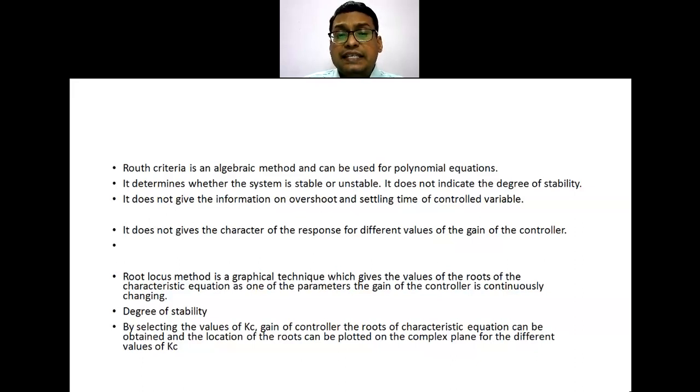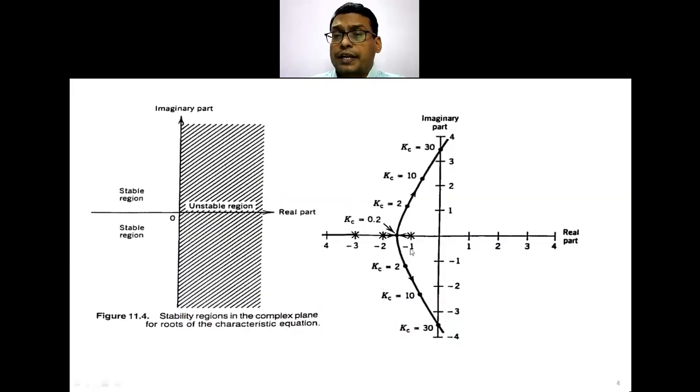By selecting values of the controller gain, the characteristic equations can be obtained and the location of the roots can be plotted on the complex plane for different values of Kc. So the roots have been plotted.